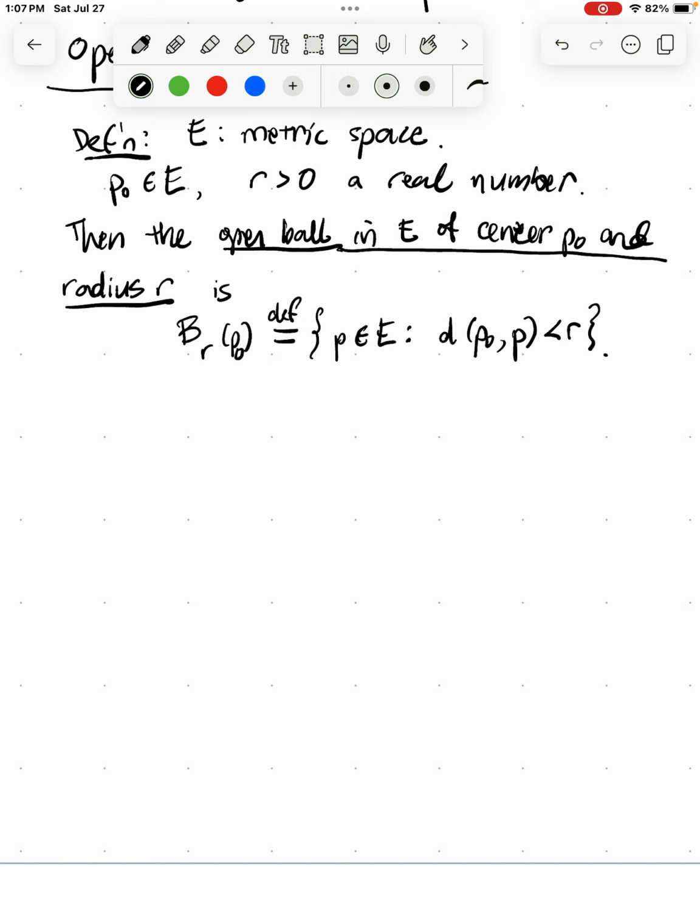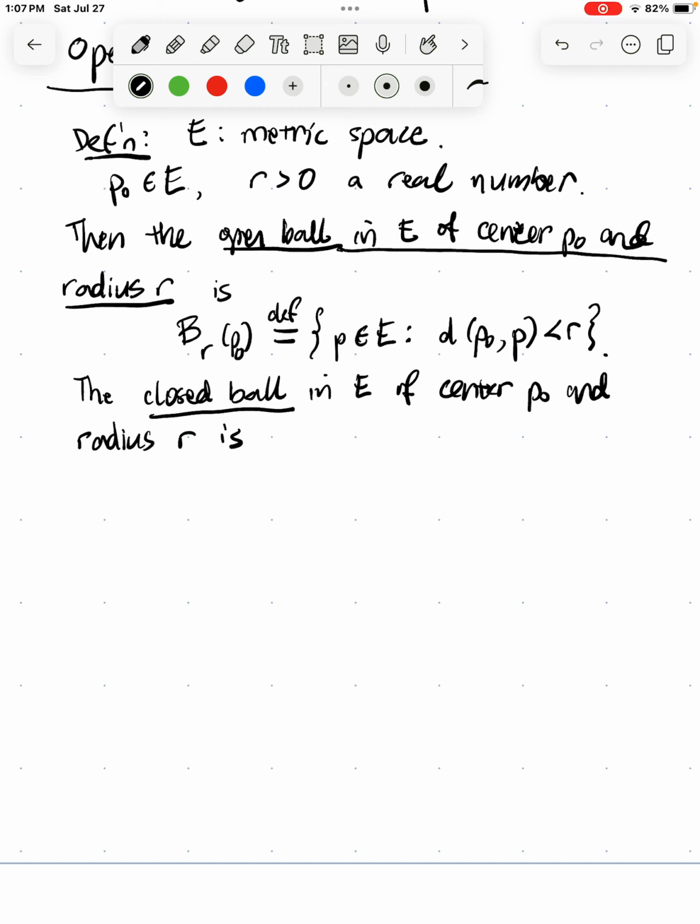Okay, and the closed ball, again in E, of center P naught and radius R is, I don't have a notation for this, but it's all elements P in E such that the distance between P0 and P is less than or equal to R. So the only difference between an open ball and a closed ball is the inequality.